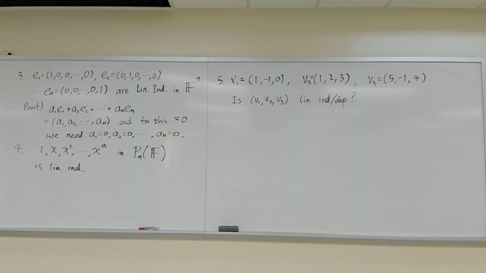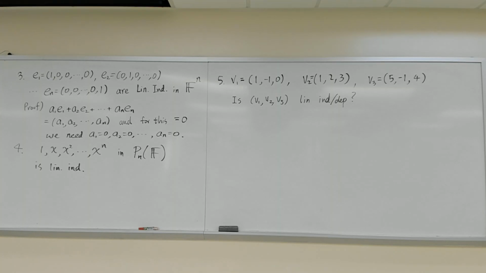Well, we don't know. You should try that. You're right. You just want to write down A times V1 plus B times V2 plus C times V3, set it equal to 0, and see what that equation gives you. You want to find A, B, and C that would satisfy that.